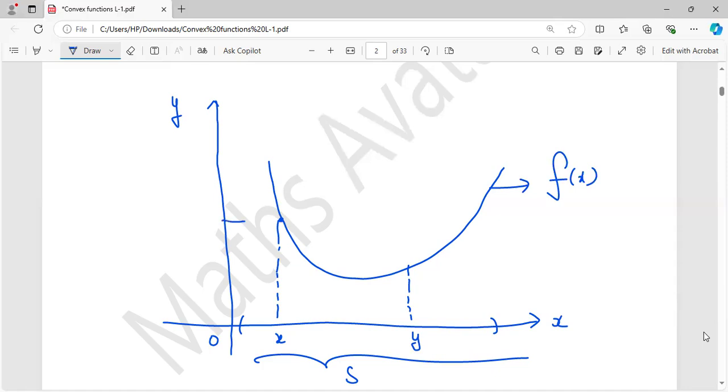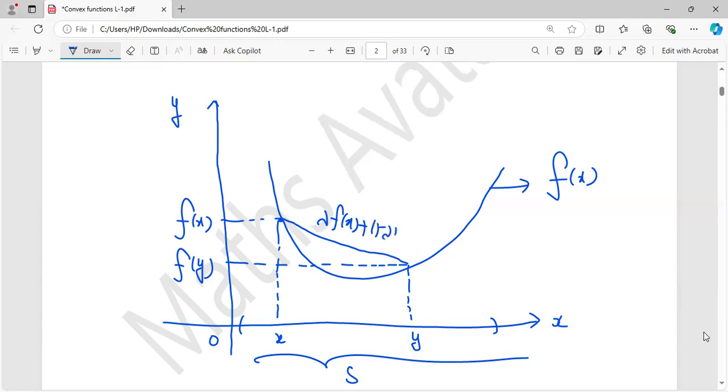Now the corresponding functional value is f of x, and the corresponding functional value here is f of y. What is the convex combination? Lambda times f of x plus 1 minus lambda times f of y will lie in between.